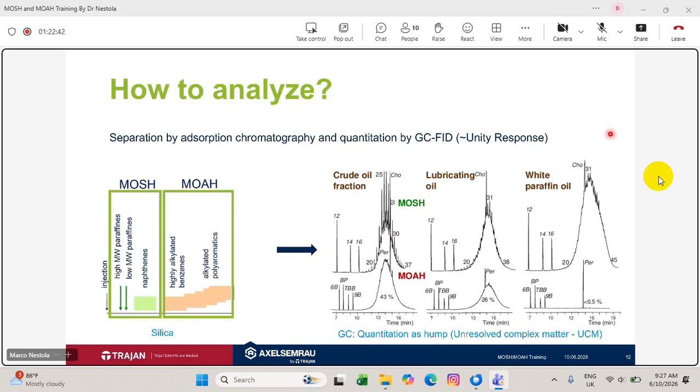So when we would only inject mineral oil in a GC-FID, we would get only one chromatogram and only one hump.